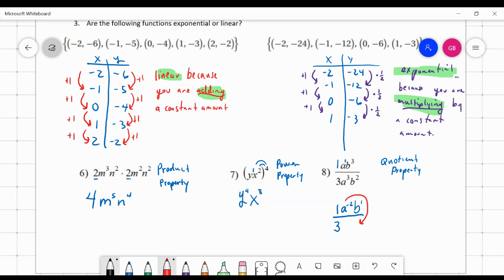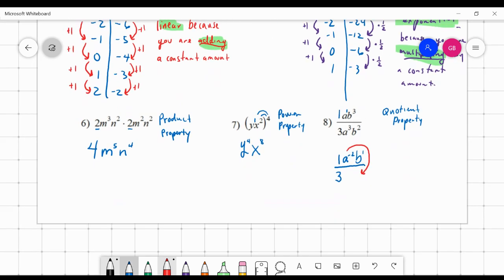So that a is now going to be in the bottom. It's going to be 3a squared in the bottom. I'm not going to write the 1 anymore because 1 times anything is just that anything. And then b to the first power is just b. That's your answer.